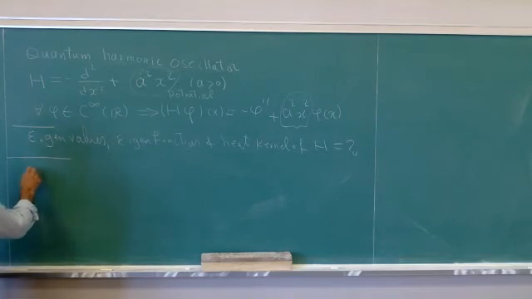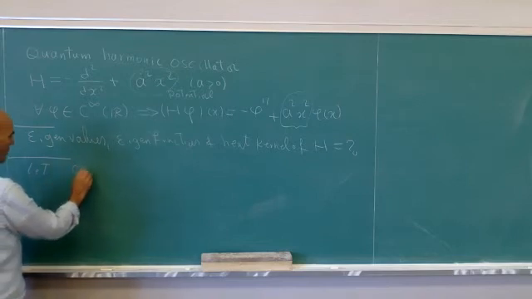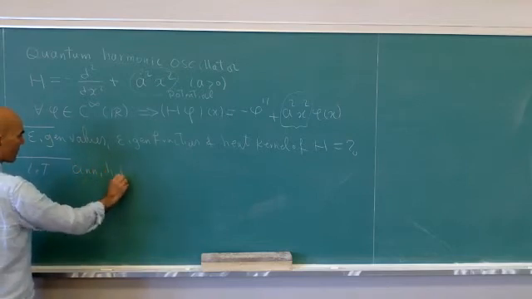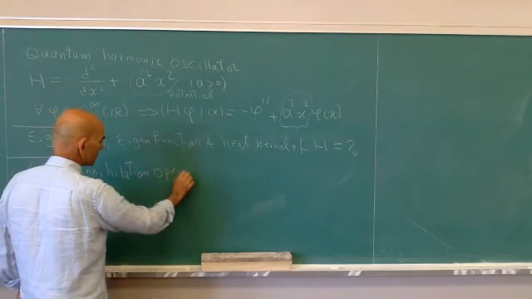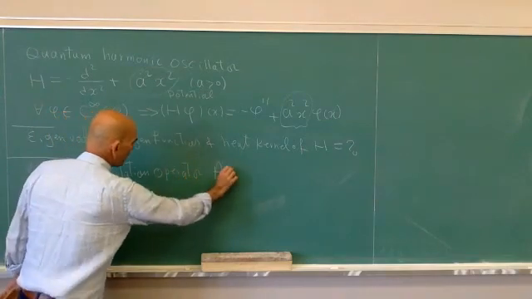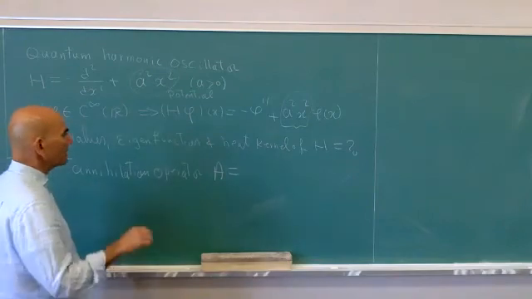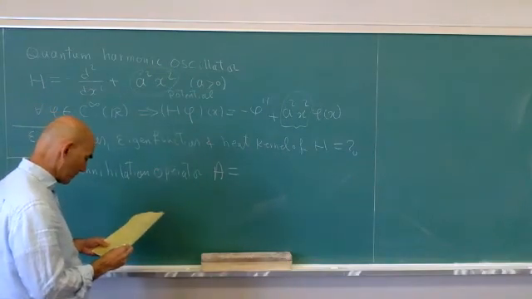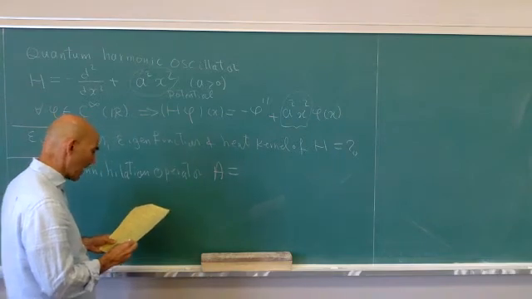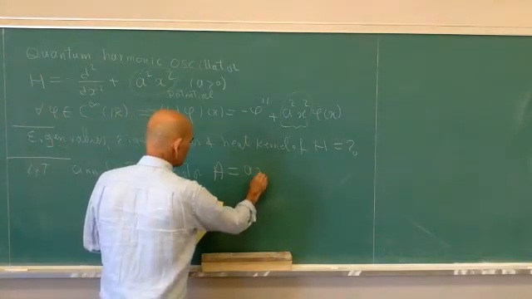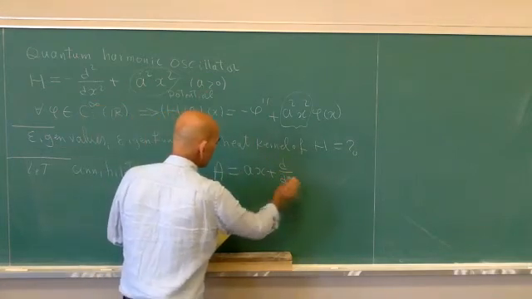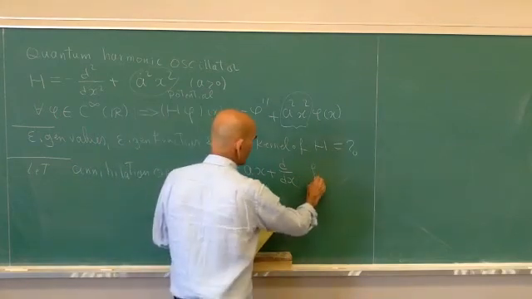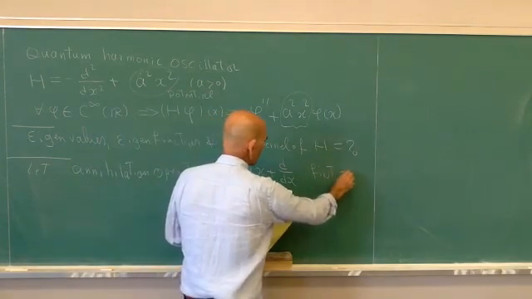Let's consider this operator, called the annihilation operator, A. This annihilation operator A is basically a x plus b d/dx, some form of x plus d/dx. Remember, this is a first order differential operator, right?